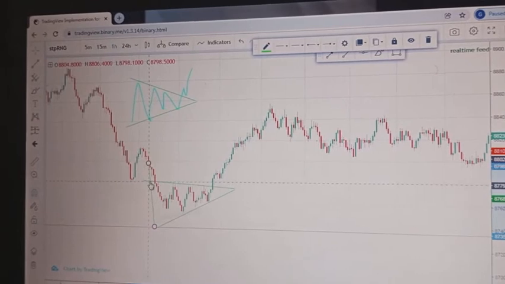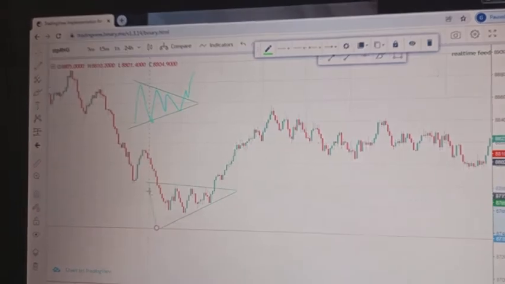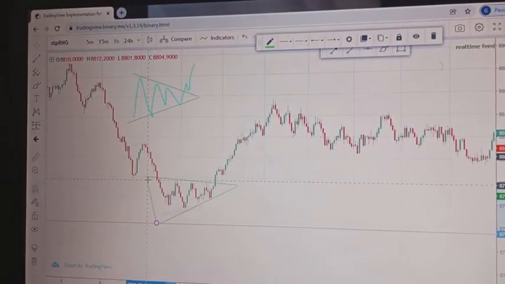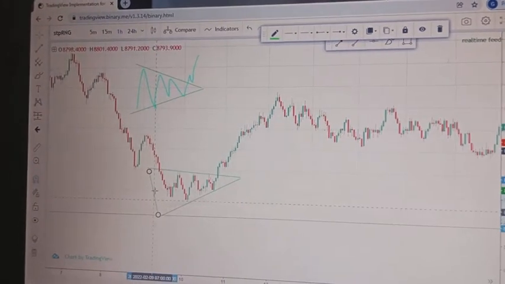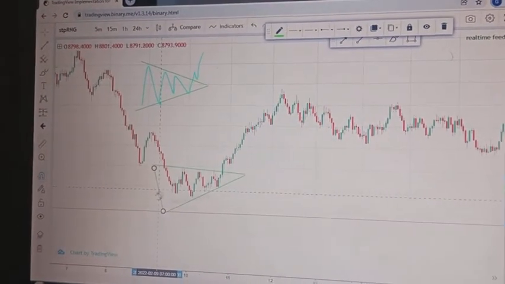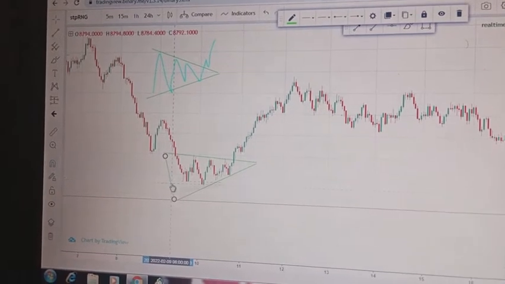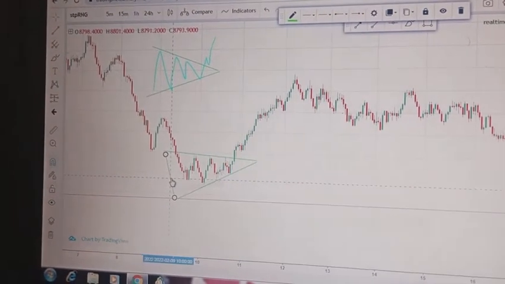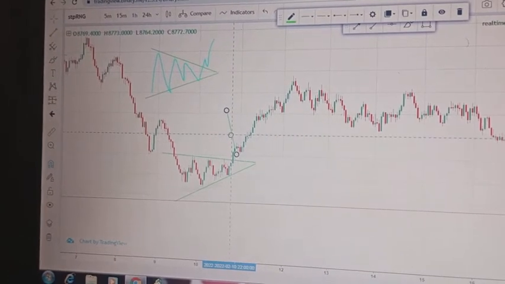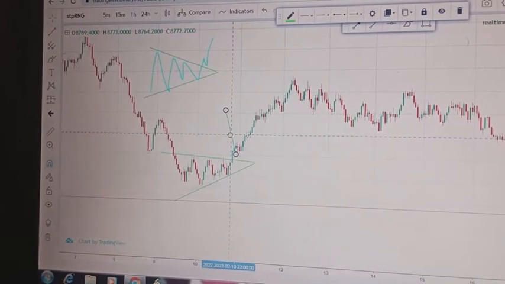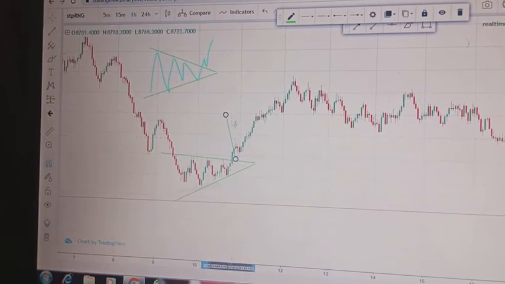Can you see what I'm doing here now? Just measure the wideness of the triangle. After measuring it, carry the length and put it at your breakout from that falling wedge.